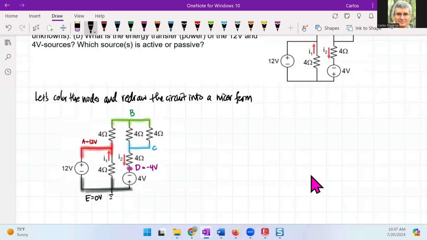So now I'm just looking for what is in series, what is in parallel. So if I look between B and C, between the green and the blue nodes, we see that we have a 4 ohm parallel to a 4 ohm, which then gives us 2 ohms.